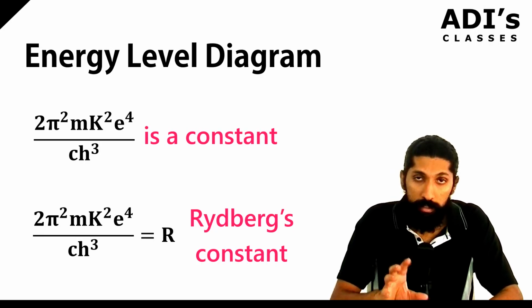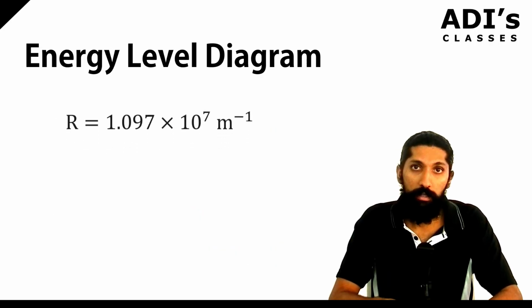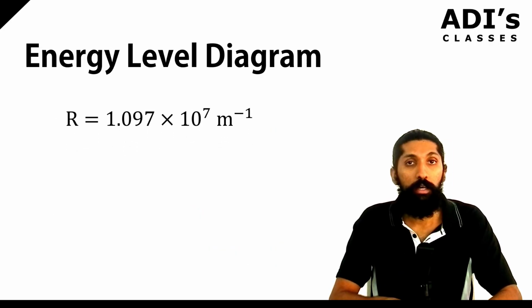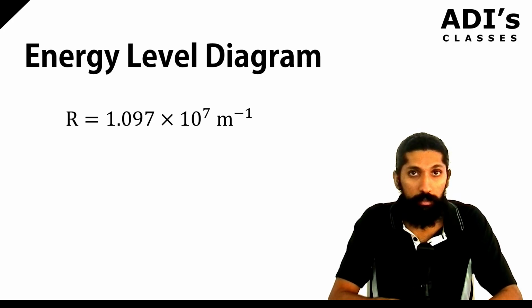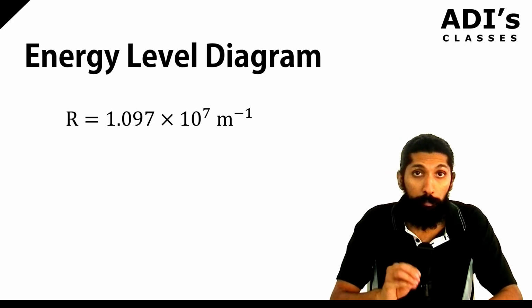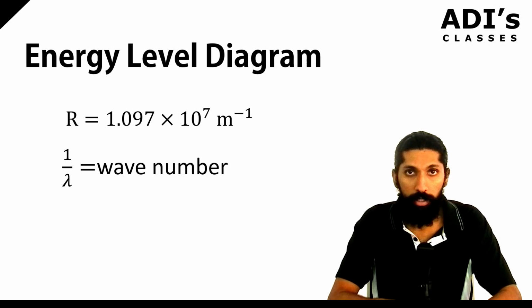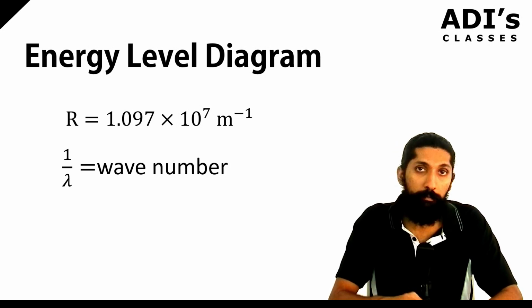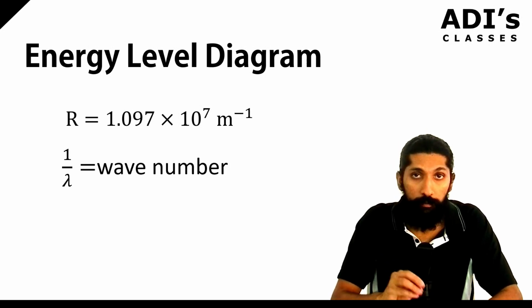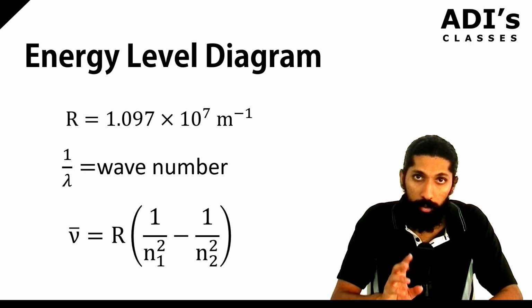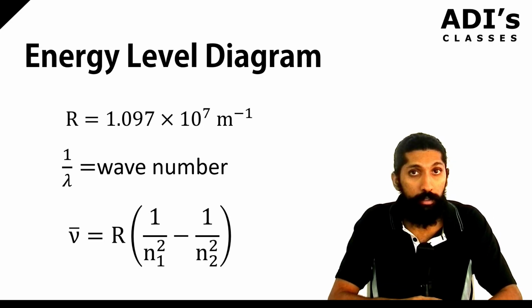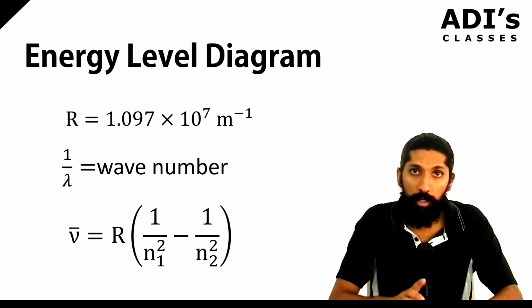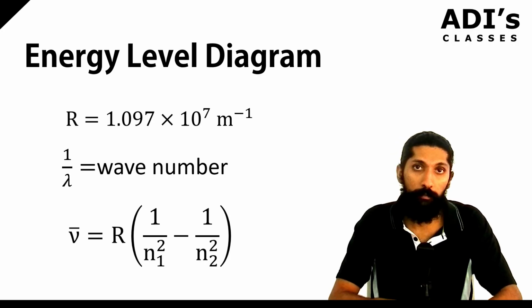The value of Rydberg's constant is 1.097 into 10 to the power of 7 per meter. Now that 1 by lambda is what we call the wave number. So nu bar is equal to R into 1 by n1 square minus 1 by n2 square.